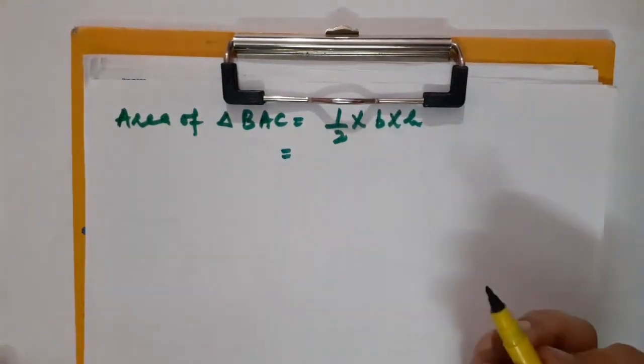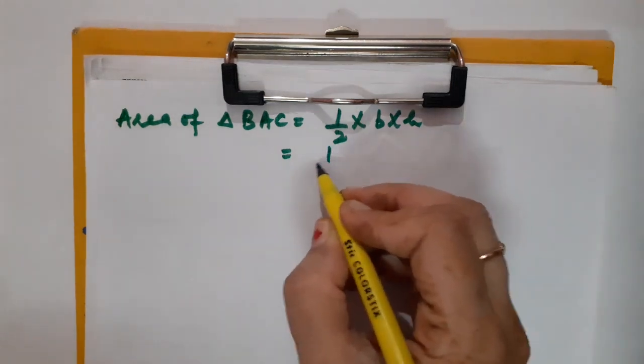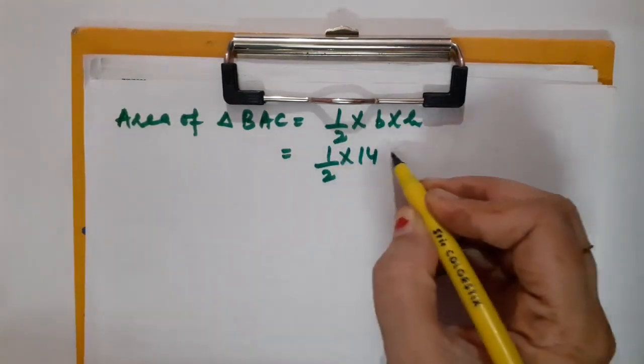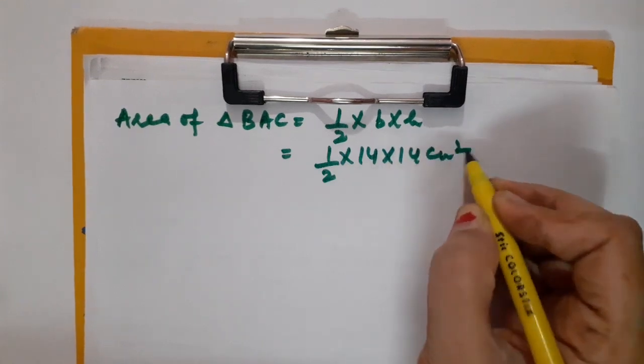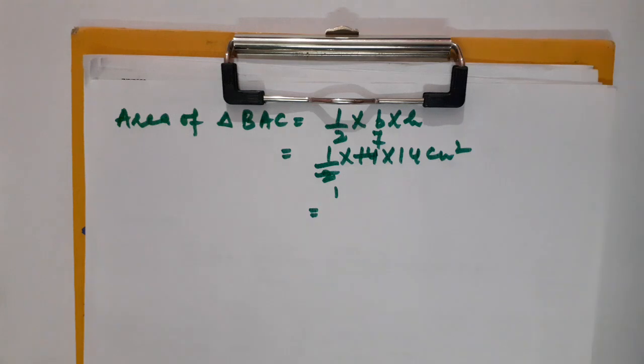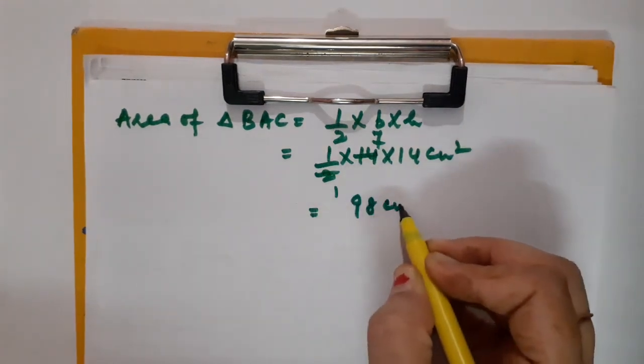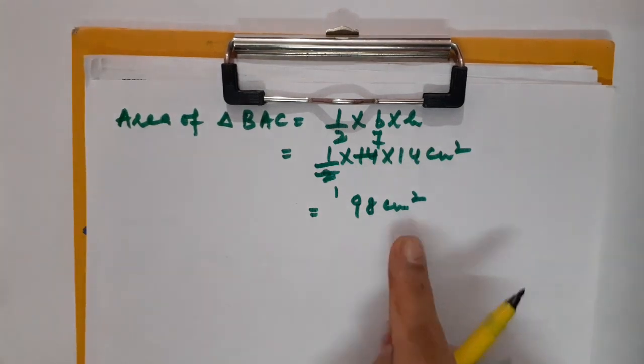Base and height are both the same because they are nothing but the radii of the quadrant. So half into 14 into 14, centimeter square. This is going to be cancelled. 14 sevens are 98. So I have got 98 centimeter square. This is the area of the triangle.